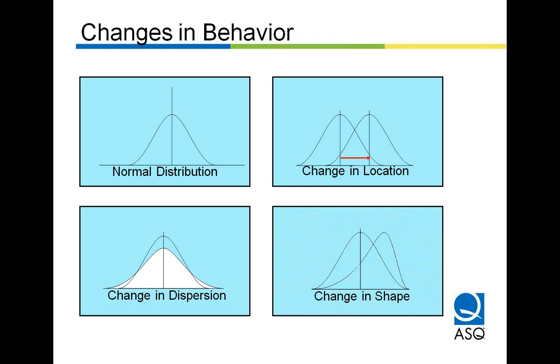That's what we're interested in knowing before we do any calculations of CP, CPK, those types of figures of merit, because if we don't have a stable process, Dr. Shewhart would say, we have absolutely no basis for predicting how the performance might be in the future.